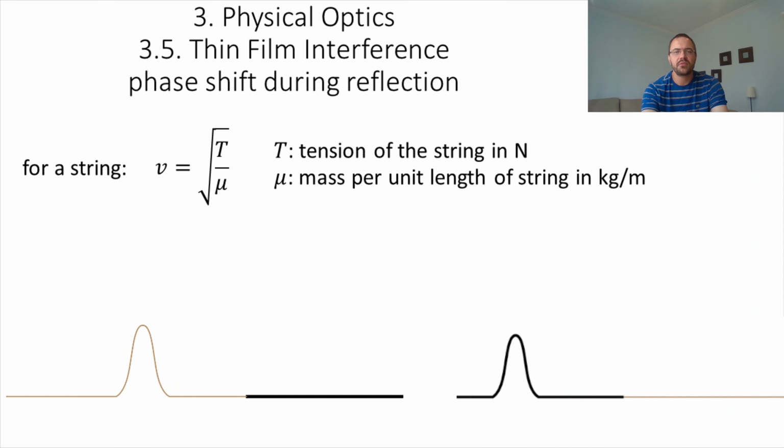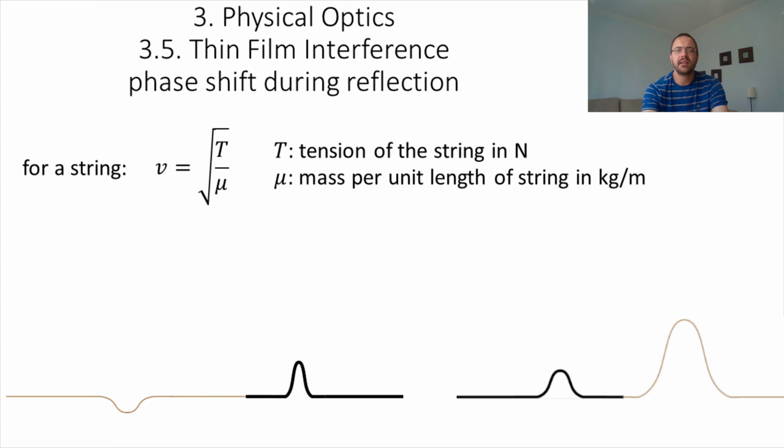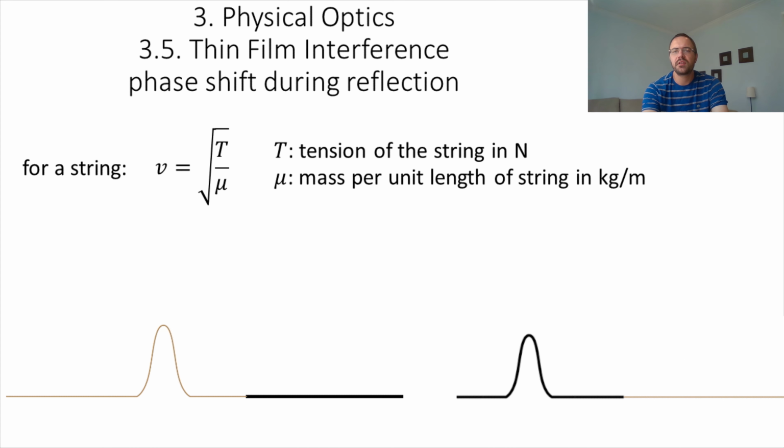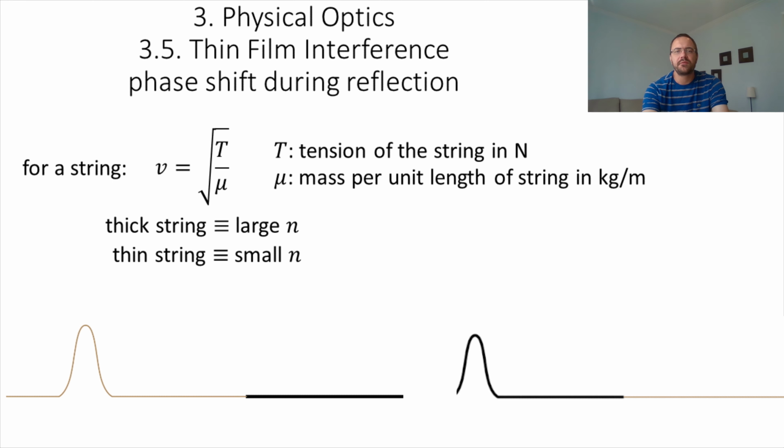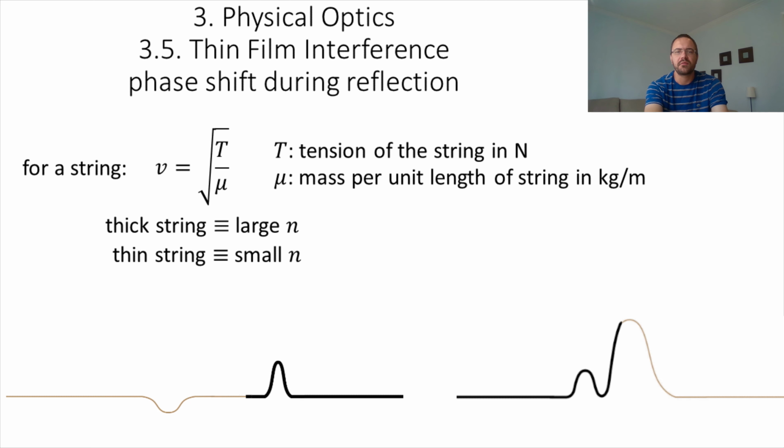There is an analogy with strings, for example. Remember that the wave speed on a string is given by the square root of T over mu, where T is the tension of the string in newtons, and mu is the mass per unit length of the string in kilograms per meter. So for a thick string with a large mu, the wave speed will be slow, which corresponds to a large index of refraction. And for a thin string with a small mu, the wave speed will be large, and this corresponds to a small index of refraction.